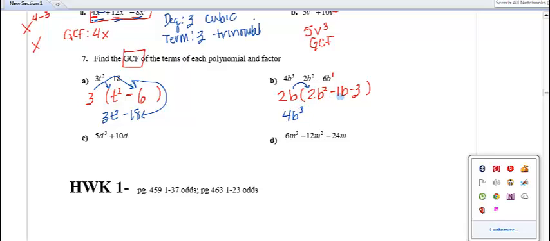So far, so good. 2b times negative 1 is a negative 2, and b times b, again, add exponents, is b squared. And 2 times a negative 3 is a negative 6. And there are no b's to multiply, so b stays the same. And if you look, we got the exact same thing we started with.